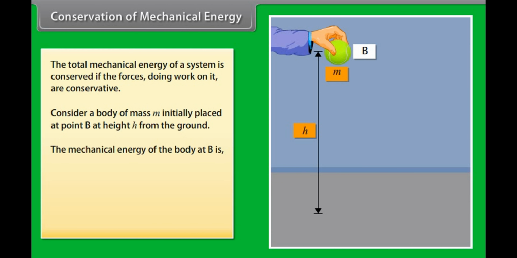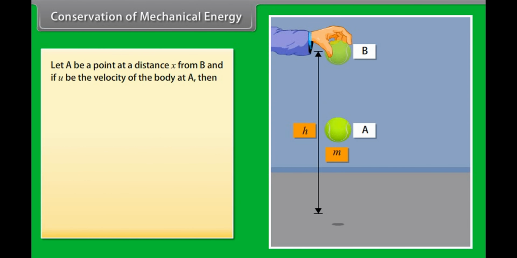The mechanical energy of the body at B is equal to kinetic energy of the body at B plus potential energy of the body at B, which is equal to 0 plus mgh, which is equal to mgh.